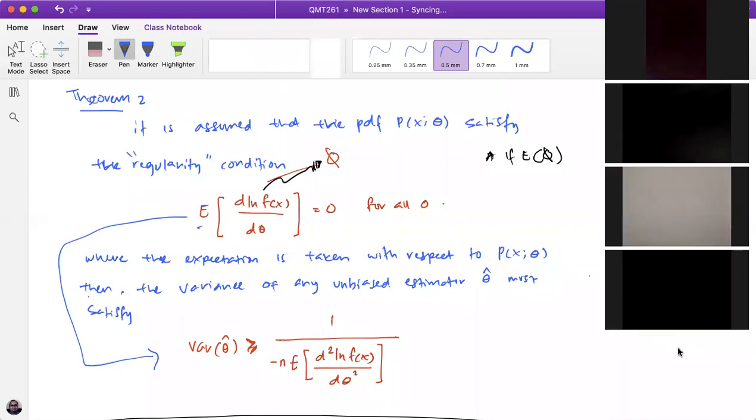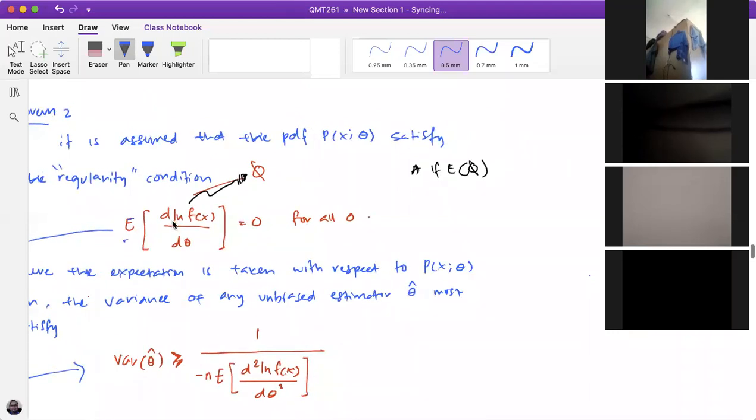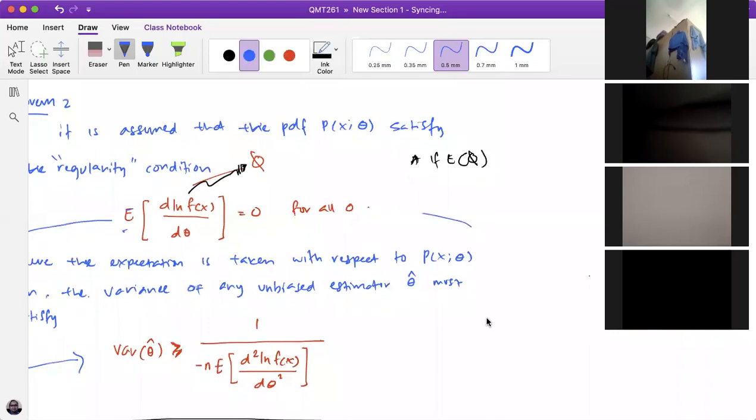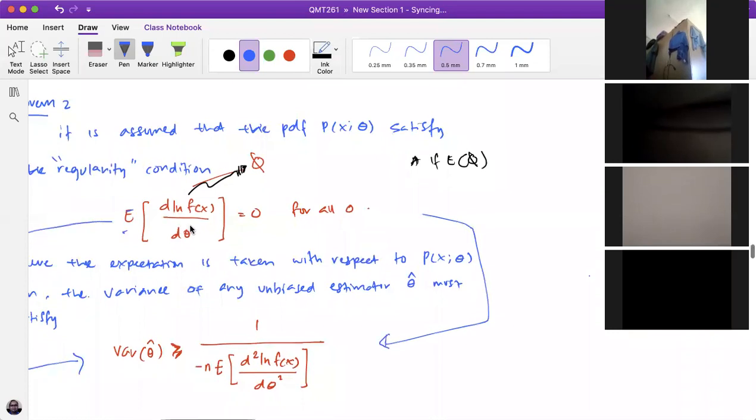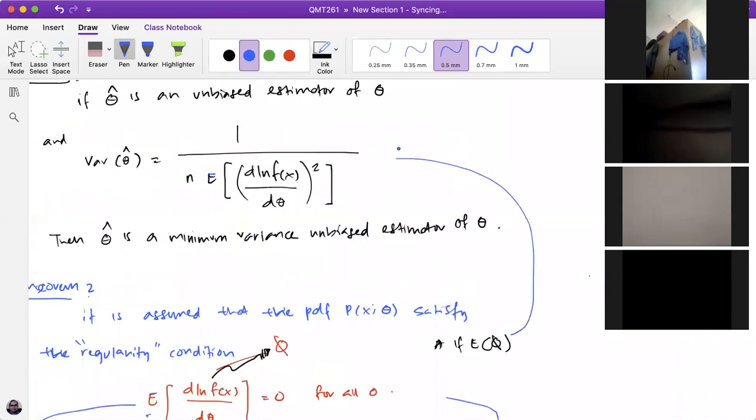So these are two different formulas. The key is when the expected value of the derivative of ln f(x) is equal to 0, then you use this formula. If it is not equal to 0, use the other formula.